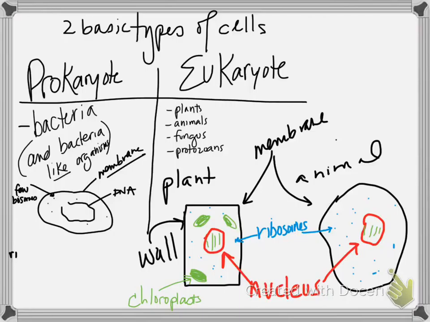What makes power in a cell? Mitochondria. So in a non-photosynthesizing cell, mitochondria are the power plants. And in a photosynthesizing cell, of course, it's the chloroplasts.